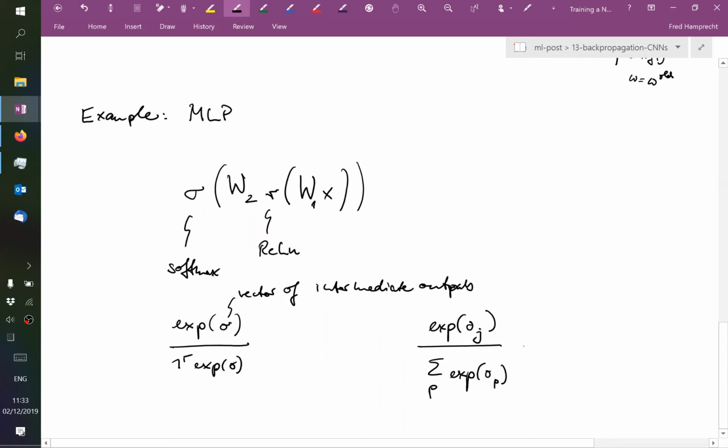And this entire thing would then be sigma of O, and here I've written down the jth component of it. Okay, and here by writing O, I've just called all of this here small o, some intermediate output of the neural network.